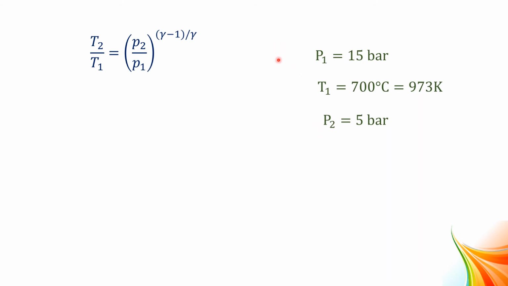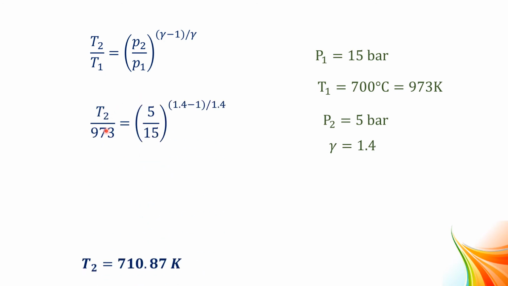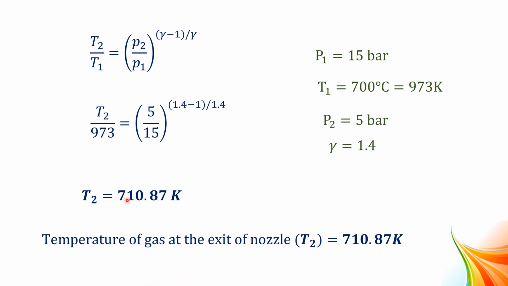Now substituting these values in this equation, we get T2 equal to 710.87 Kelvin. Now the temperature of gas at the exit of the nozzle T2 equals 710.87 Kelvin.